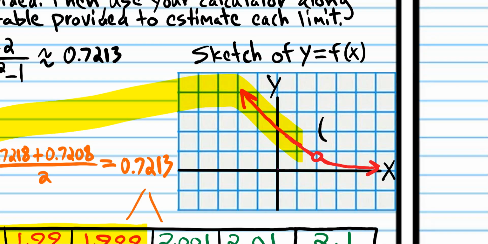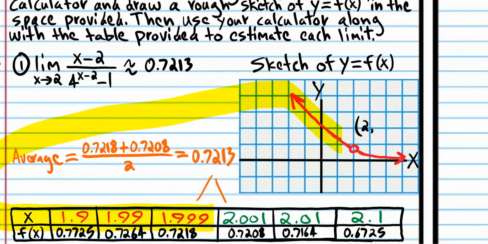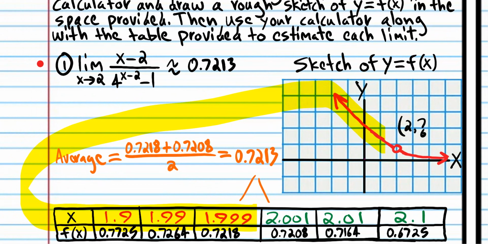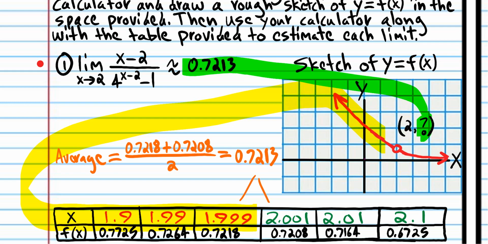So the x value of that hole is 2, and the y value of the hole is the value of the limit that we just found. So that is our answer.